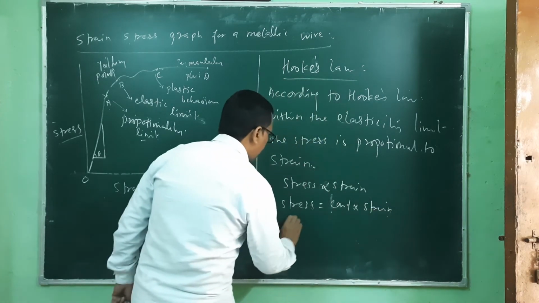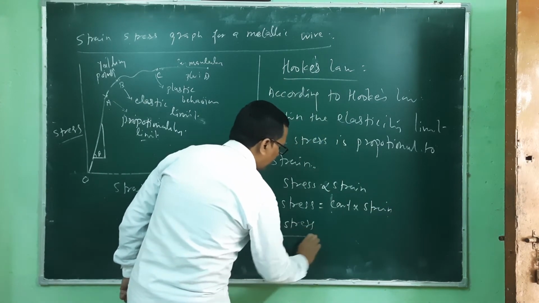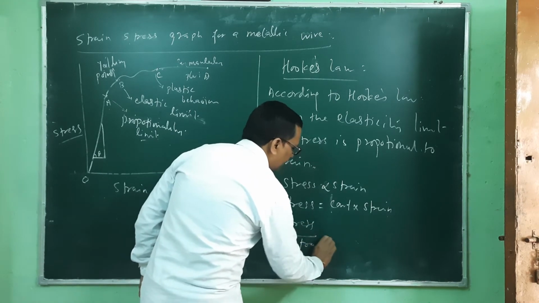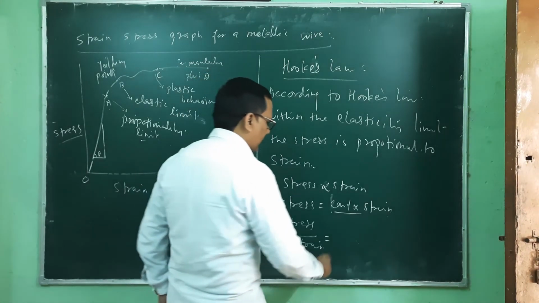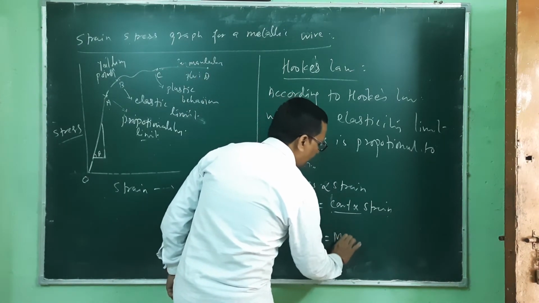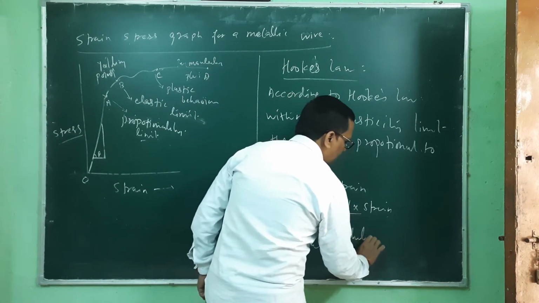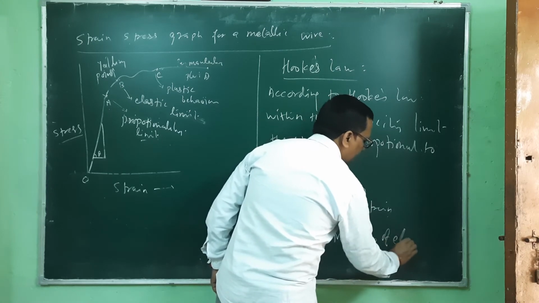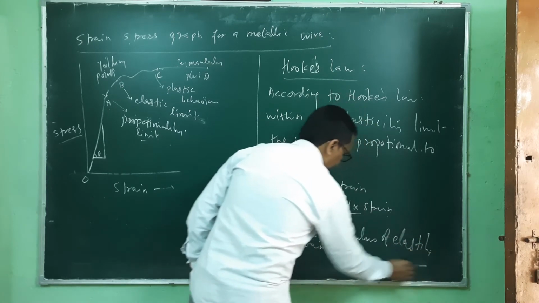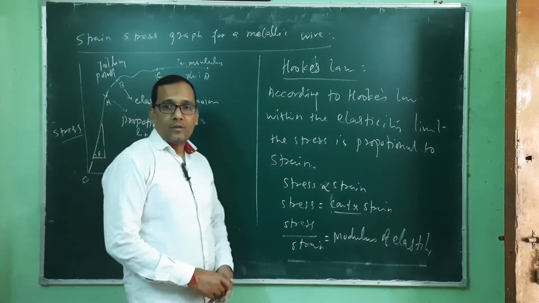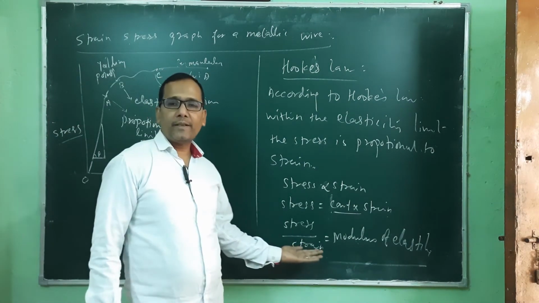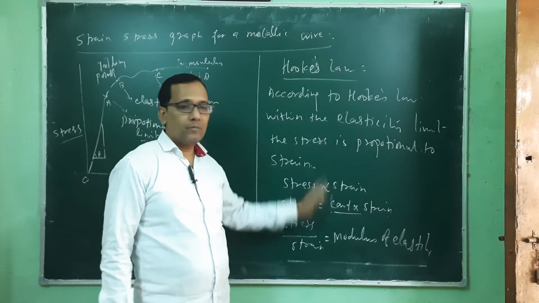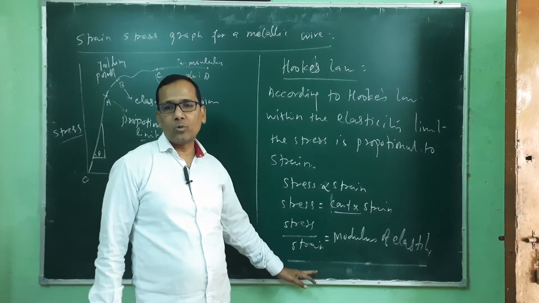So stress upon strain is equal to a constant, and this constant is known as the modulus of elasticity. Whatever calculation we performed for Young's modulus, we used this particular law, Hooke's law.